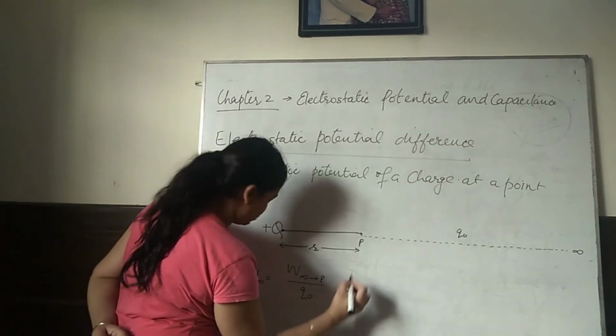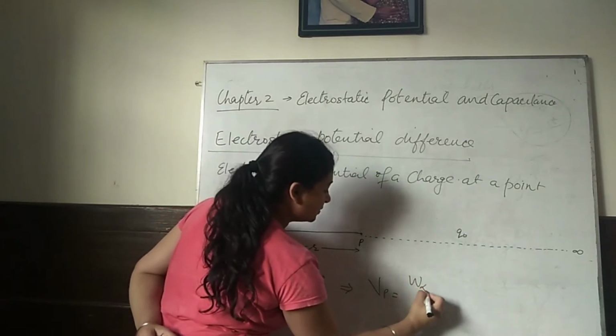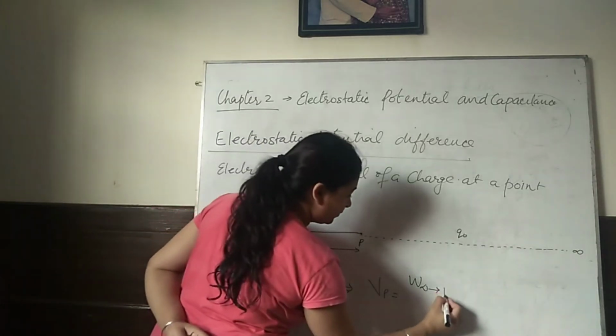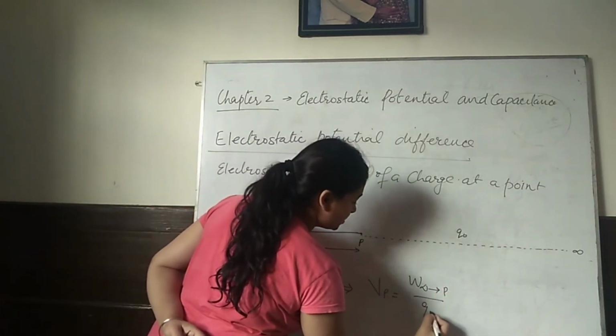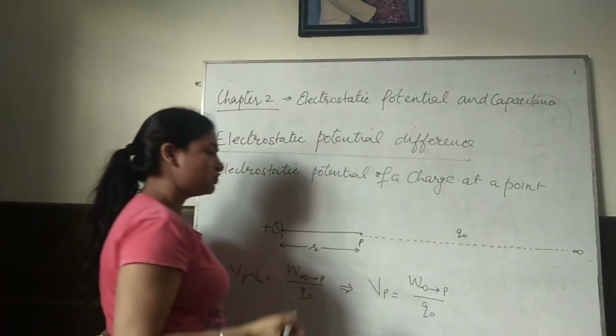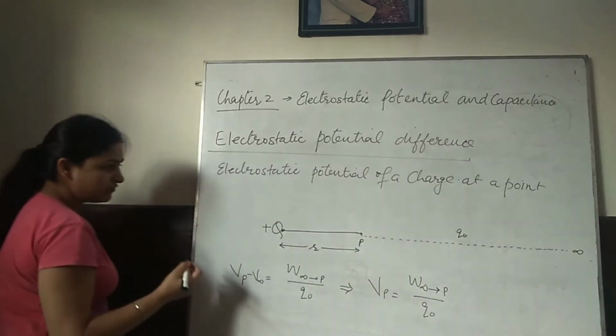So this equation shows that potential at point P is the work done in bringing a unit test charge from infinity to point P. Whatever the test charge we are bringing, we simply divide the work by that test charge. So how can we define this?